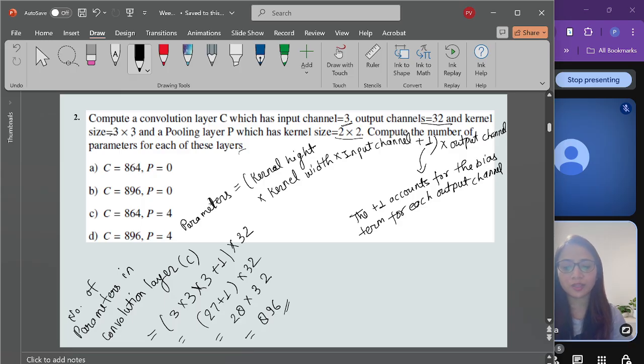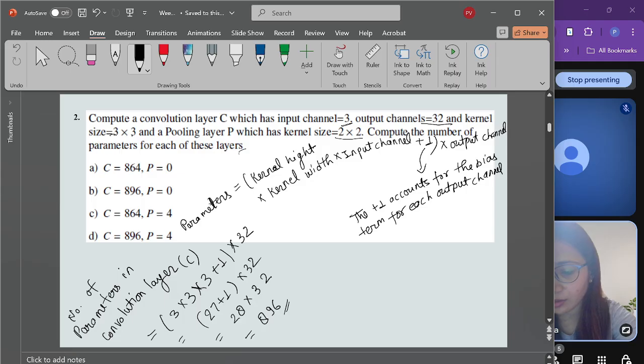If you perform max pooling, you take the maximum value over a given region or mask. So the parameters in the pooling layer, P, is equal to 0 because there are no trainable weights and biases. It is just a mask, or you can say kernel size 2 cross 2, from which we take the maximum or average value.